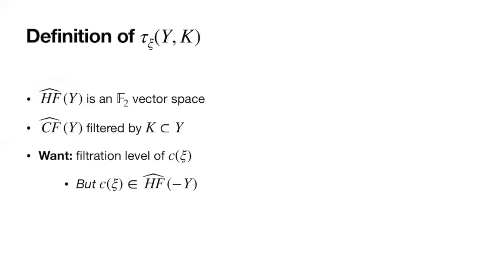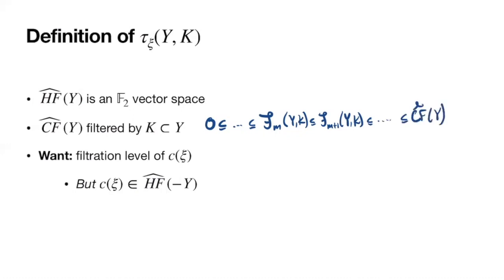So the filtration maybe looks something like this. I start with 0. It's an increasing filtration. I'll label these F_m(Y, K) and F_{m+1}(Y, K), and it goes all the way up until I get the whole complex. Okay, so that's the filtration.